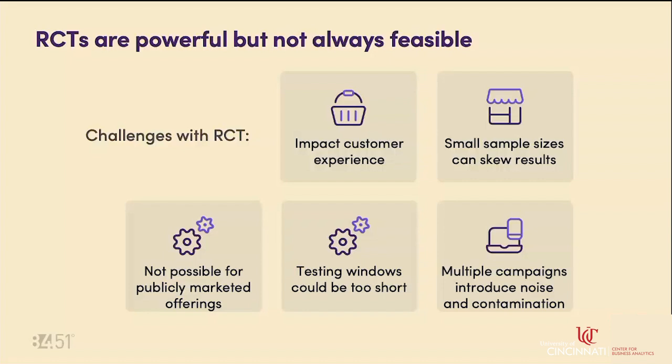RCTs are also not possible for publicly marketed offerings. So if you go into the store, you see signages to say, hey, sign up for free Boost, which Boost is the equivalent of an Amazon Prime. With Kroger, we have free delivery, etc. And take $5 off your first grocery order when you sign up for Boost, or something along those lines, where you have signages within the store that's available to the public.